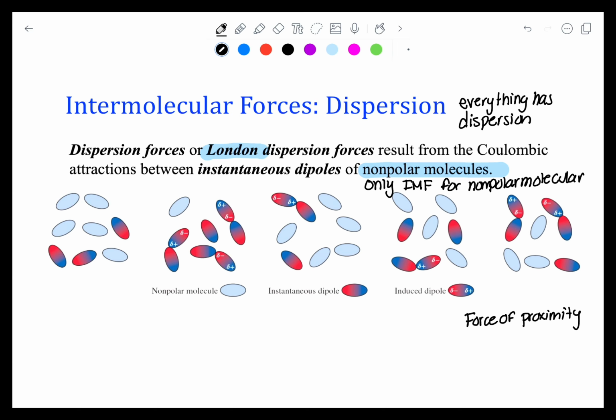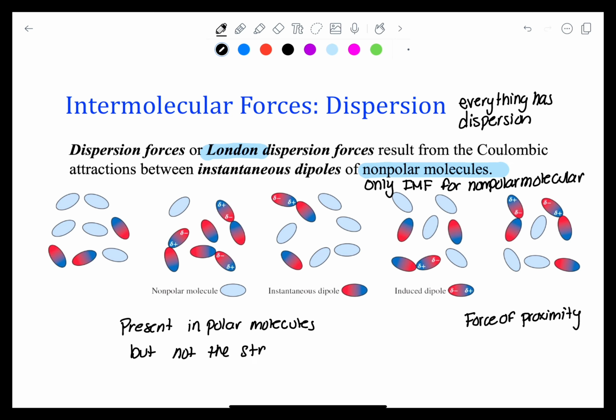Hydrogen bonding is stronger than dispersion. Okay, so it's not going to be the strongest in polar molecules. So we can write that. It's present in polar molecules, but not the strongest.